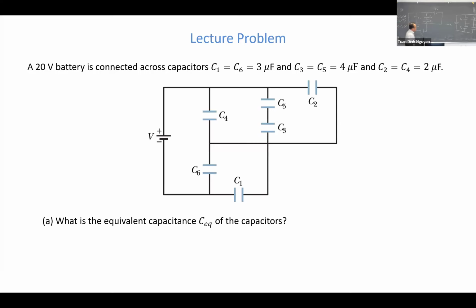Okay, so what's C35? What's C35 numerically? Well, we said it's in series. Yeah, right. And capacitors in series, their reciprocals add. So it's actually 1 over C35 equals 1 over C3 plus 1 over C5.